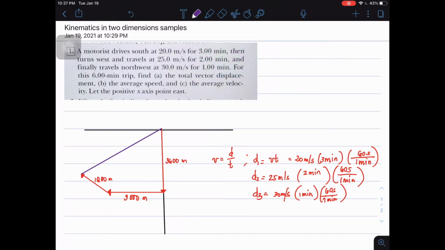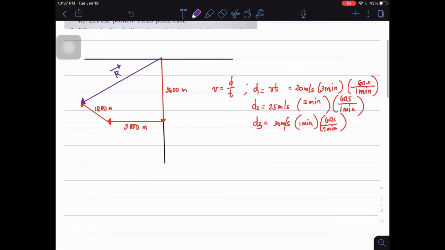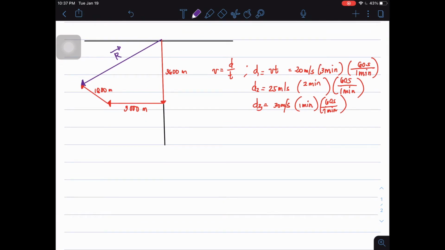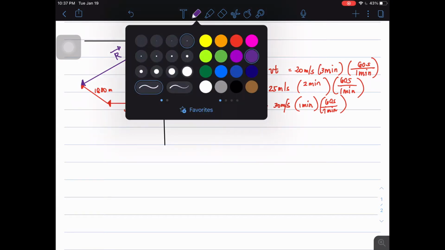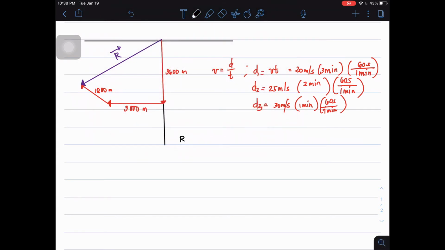Now let's draw our resultant vector taken from the initial position to final position, and that's our resultant vector. So to solve for the resultant vector, we could actually use the component method, using the unit vector form of these three displacements.